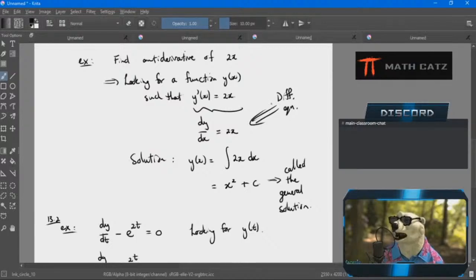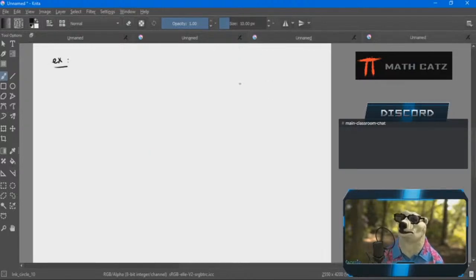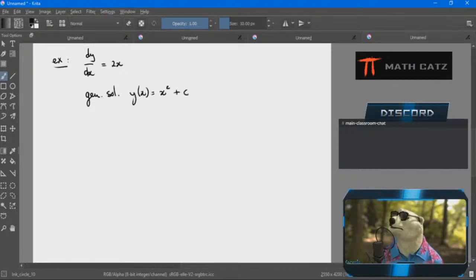We had dy/dx equals 2x, our simple first example, and we had general solution y equals x squared plus c.